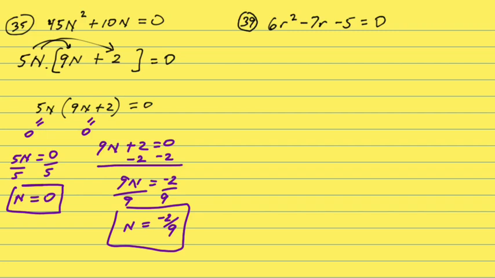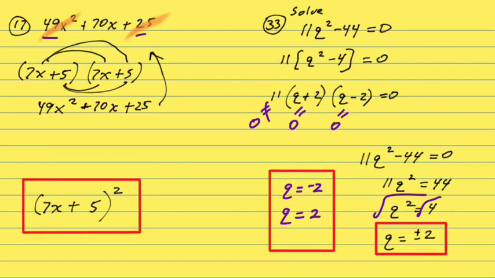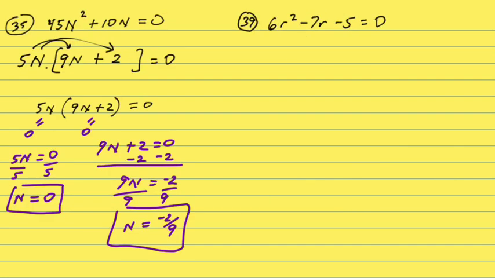These are solving. You'll notice 35 and 39 have their equations. They equal 0. So did 33. It had an equals also. It was an equation. These are the ones where you can actually solve. So how do you get 6r squared?